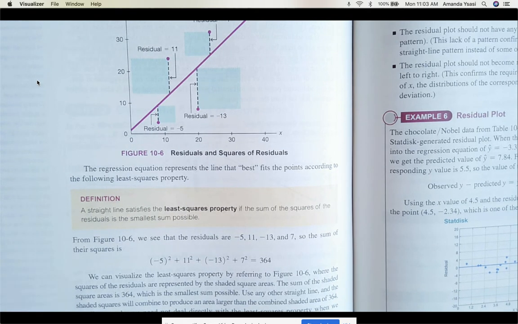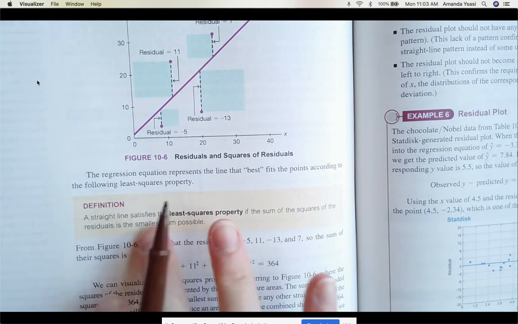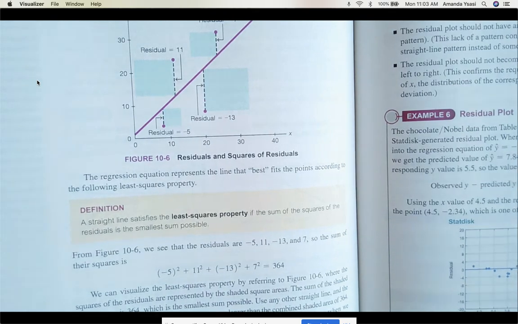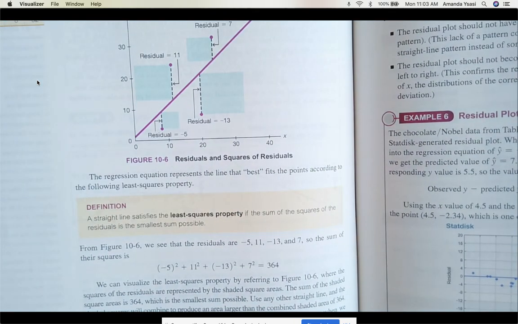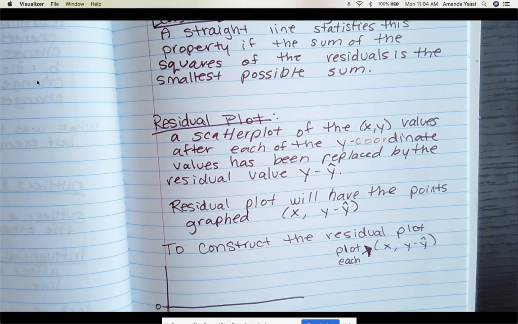Fortunately, we need not deal directly with the least squares property when we want to find the equation of the regression line. Calculus has been used to build the least squares property. Because the derivatives of these formulas require calculus, we do not work through that, okay? It's just so you know the least squares property, how it relates to your scatter plot, and how it relates to your regression line.